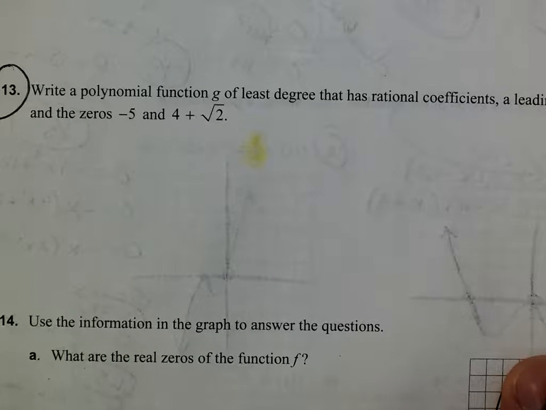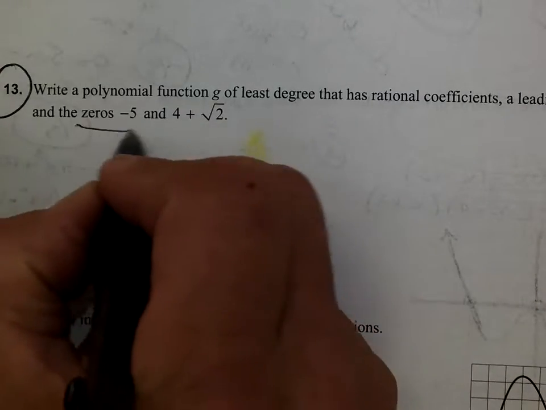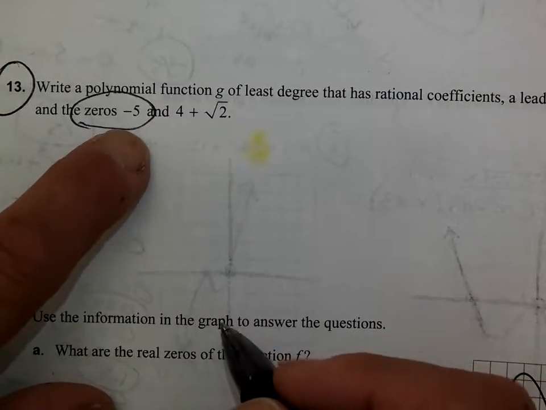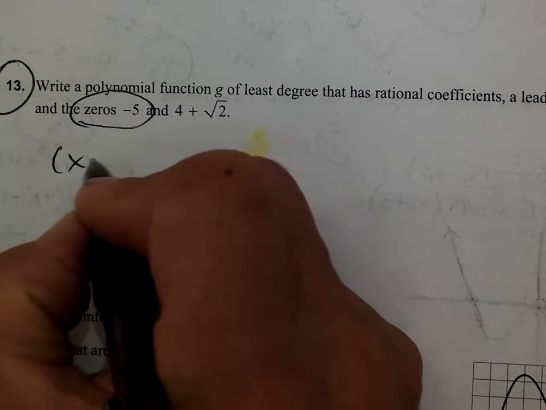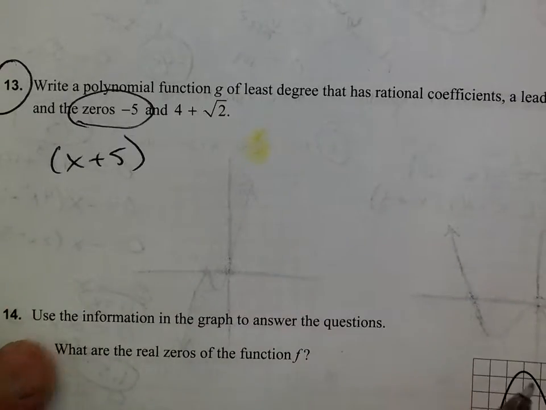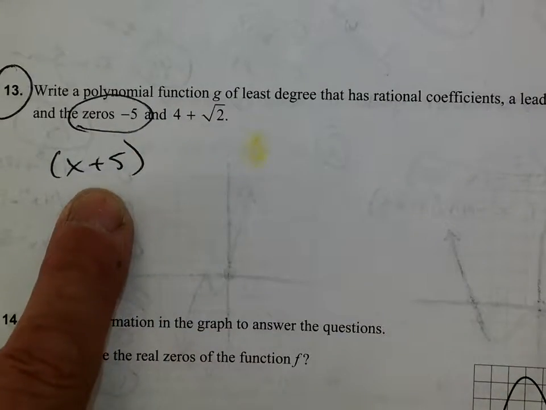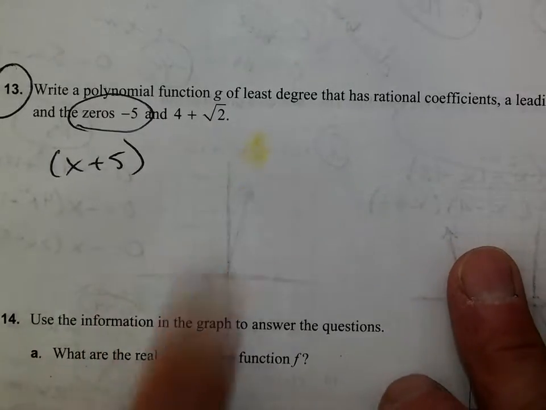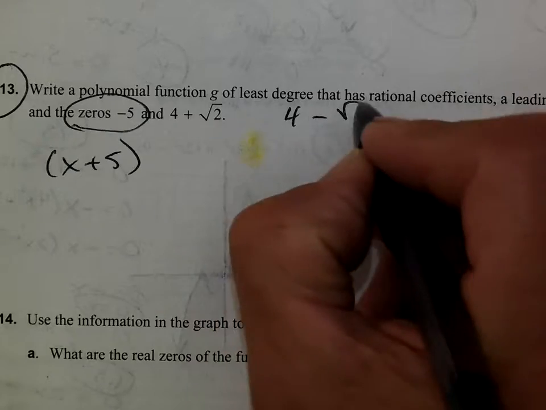All right, so I know that we're going to start with this. The only way I can get an answer of negative 5 is if it came from an x plus 5, okay? Because x plus 5 would give me an answer of negative 5, wouldn't it? This one's a little tricky. This 4 plus square root of 2, there's also a 4 minus the square root of 2, okay?